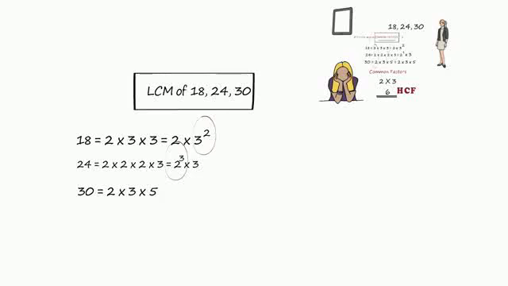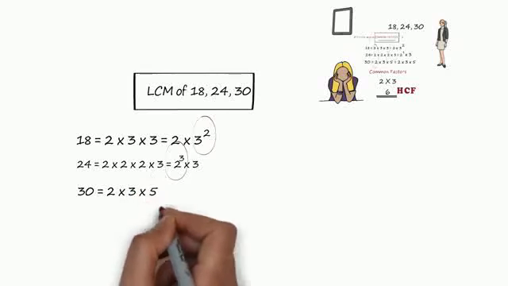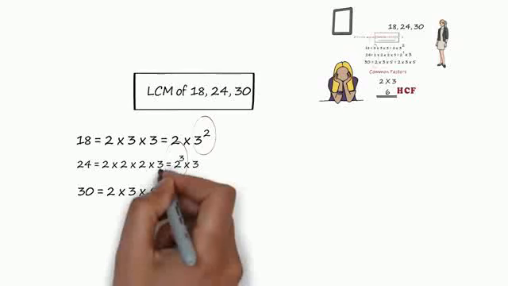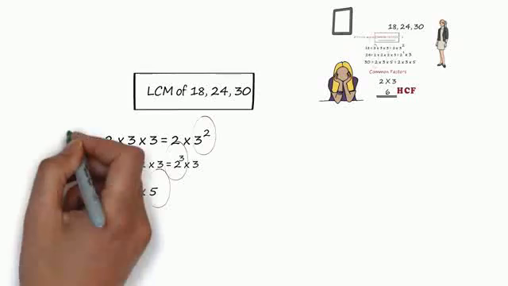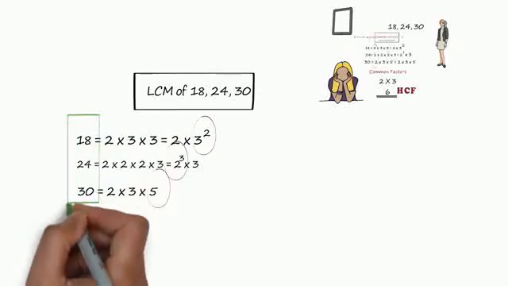So the highest, we have 2 to the power 3, and 3 to the power 2, and 5. Every index, every number has to be represented, but with the highest expression, right?